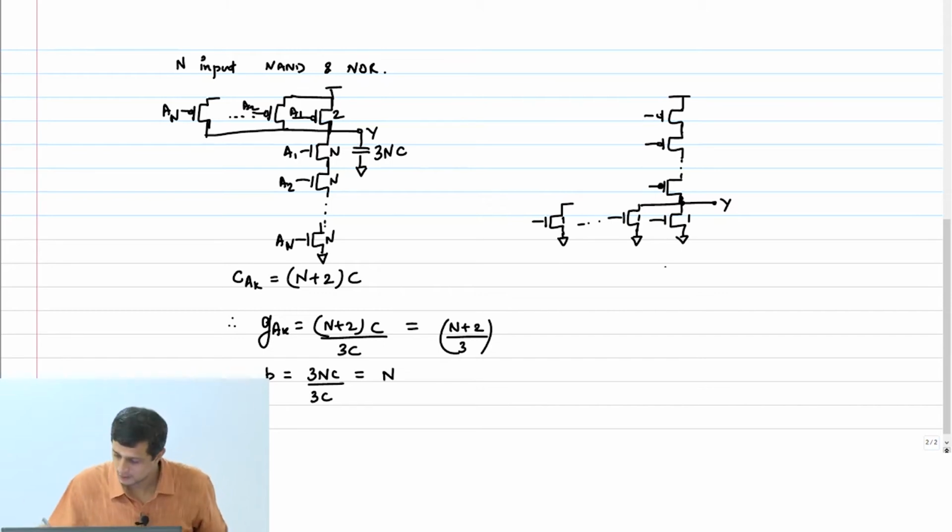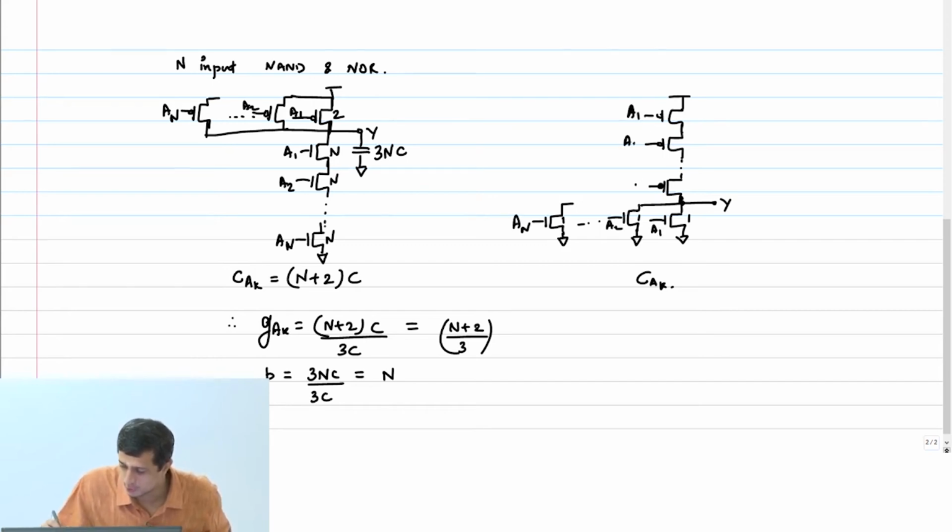Okay. Now what is the input capacitance on each input? A1, A2 and AN. So what is the PMOS size, by the way? 2N. 2N.